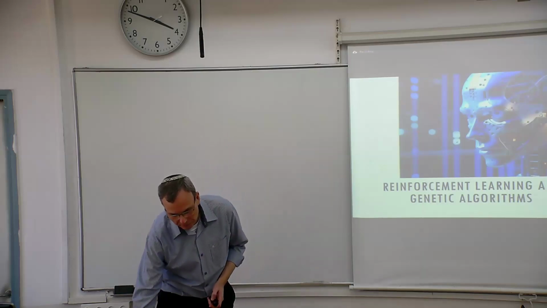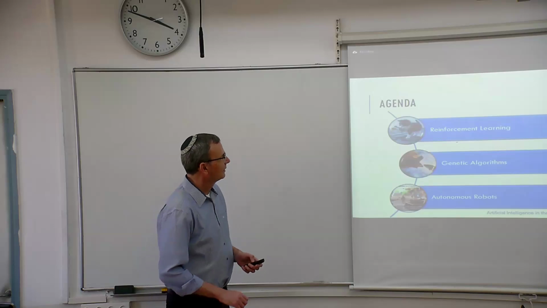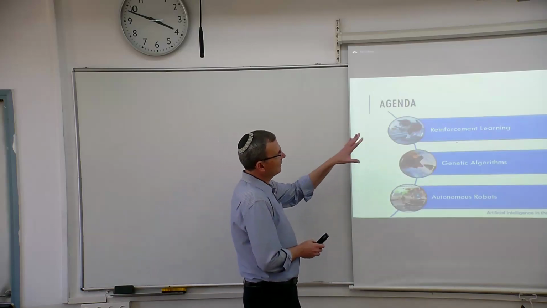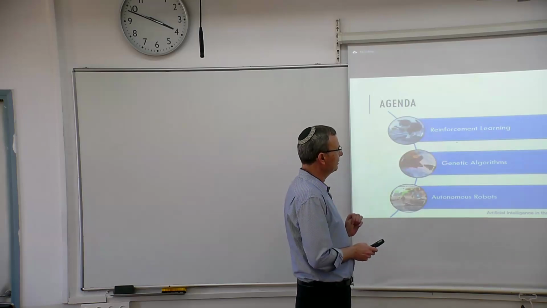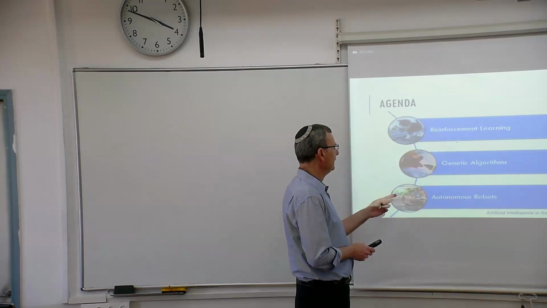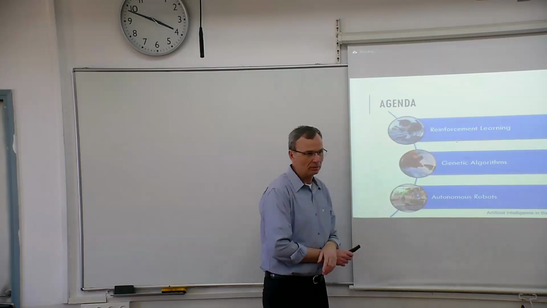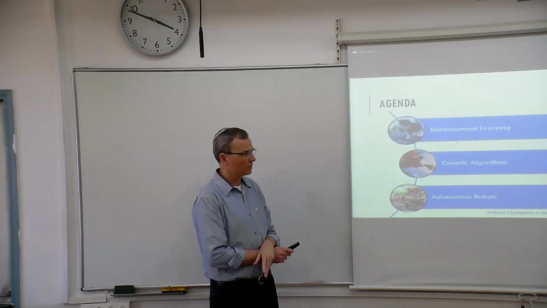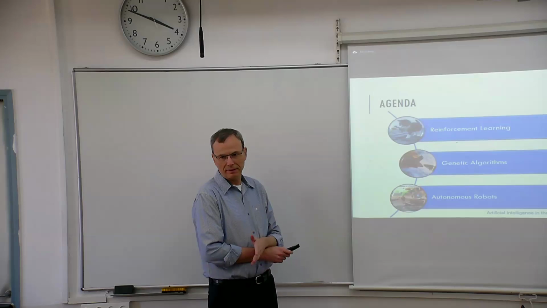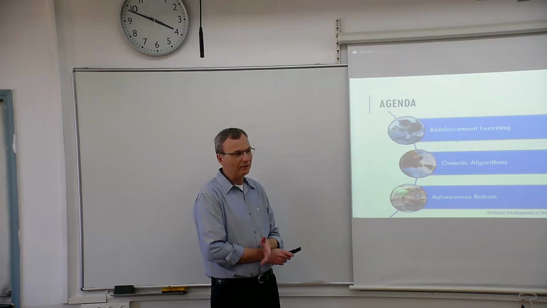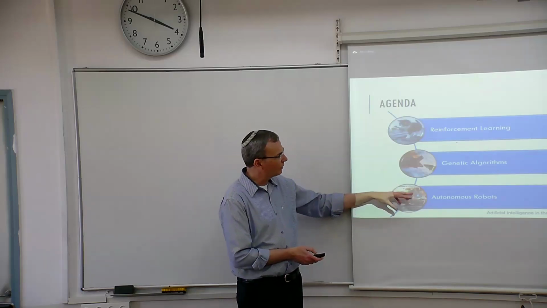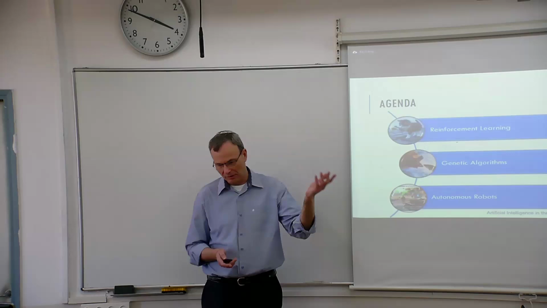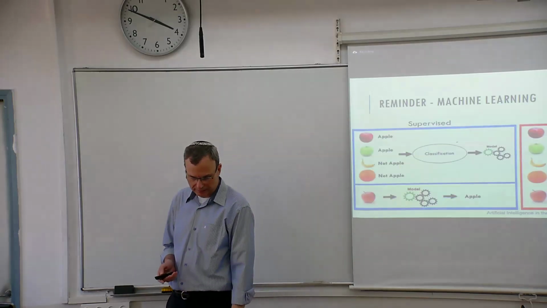I'm going to start with reinforcement learning, and then I'll speak about genetic algorithms, and at the end of this, I will speak about autonomous robots, both civilian ones, meaning the autonomous car, and also fighting ones. I'm not sure if we'll get to this in this session. If not, we continue next week.